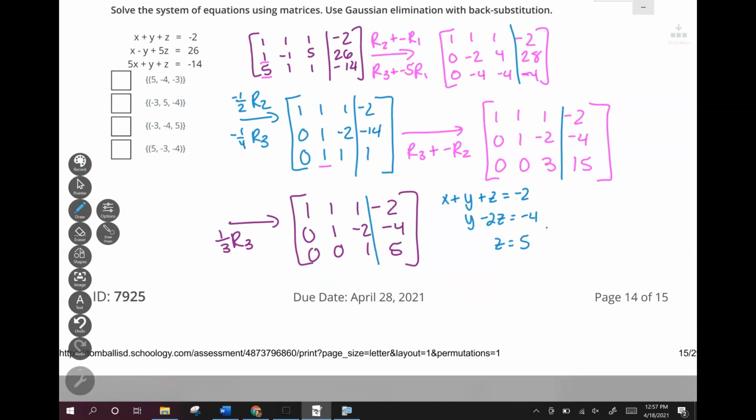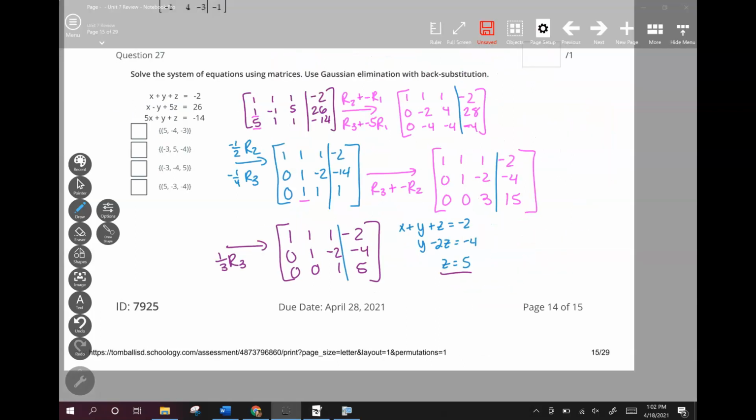I will plug that back into the second equation. Just notice that I miswrote something here. That should be negative 14. Right there, I just lost the 1. All right, so made a mistake there. So now I have y minus 2 times 5 equals negative 14. So y minus 10 equals negative 14, y equals negative 4.